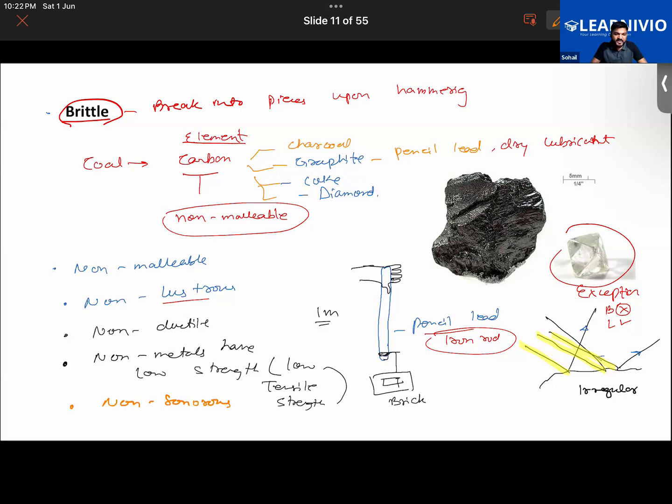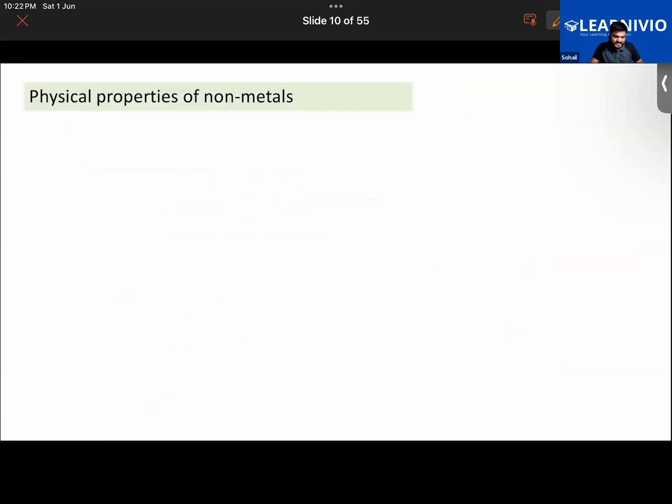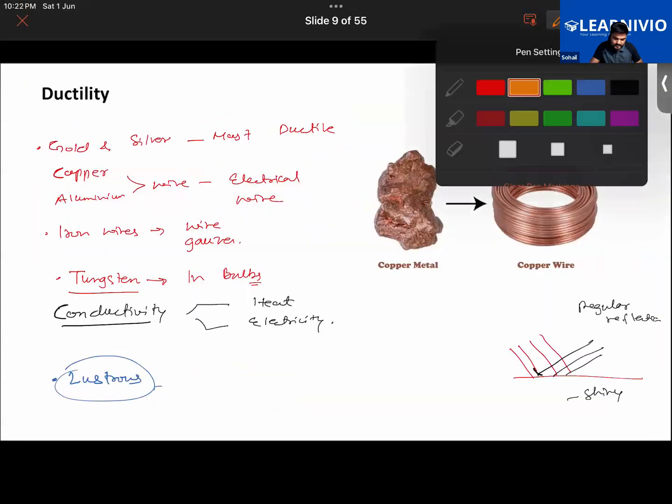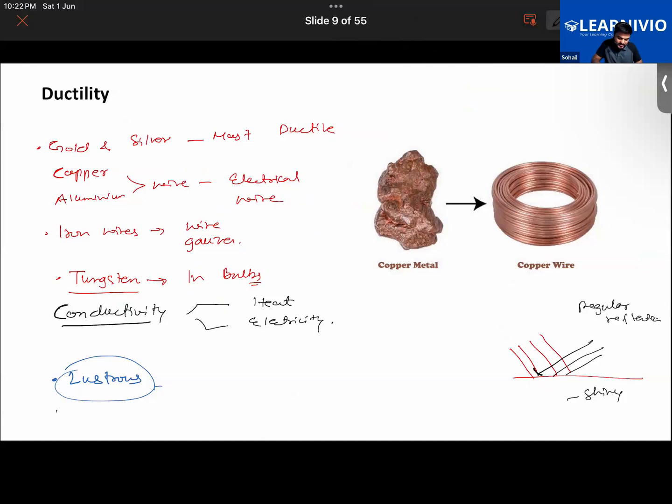We learned that metals are usually hard, but there are some exceptions in the case of metals also. There's one exception in the case of hardness. Do you know about sodium? Sodium is a metal, but it can be cut with a knife.